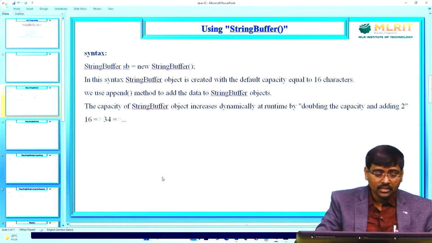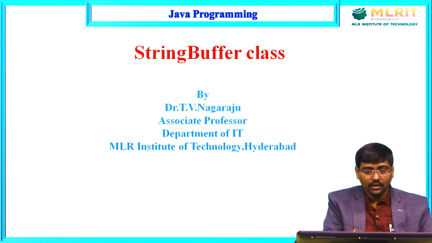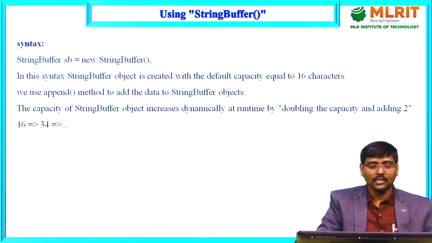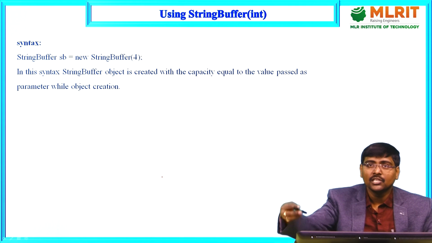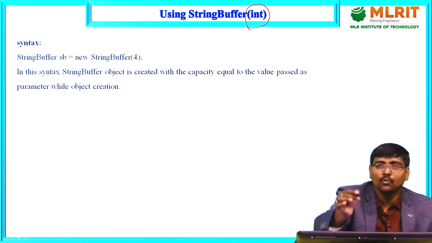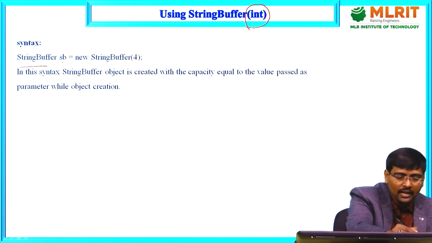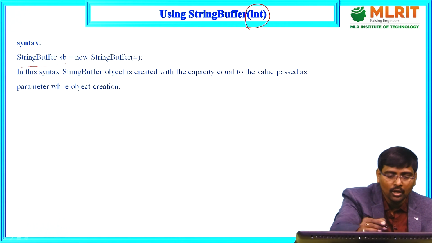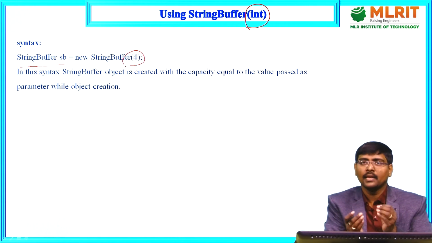Here what we discussed: without initial capacity, it will take the default capacity. Now in the second case, instead of default capacity, you can pass your own capacity, 4. So same, StringBuffer sb is equal to new StringBuffer(4).